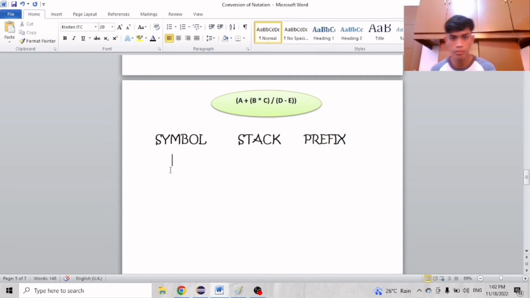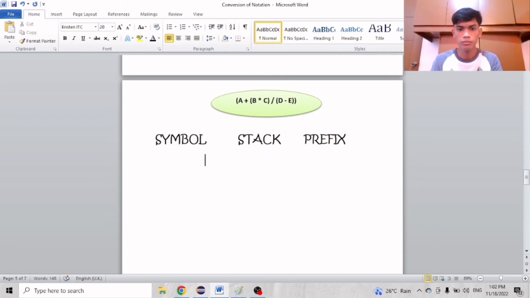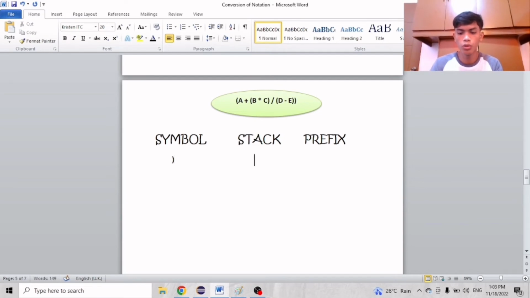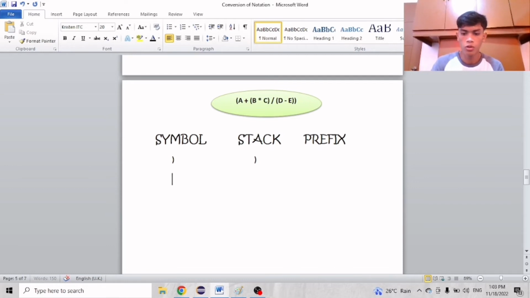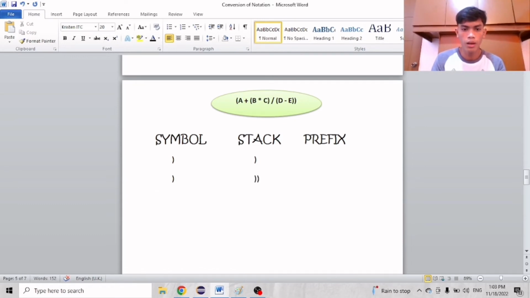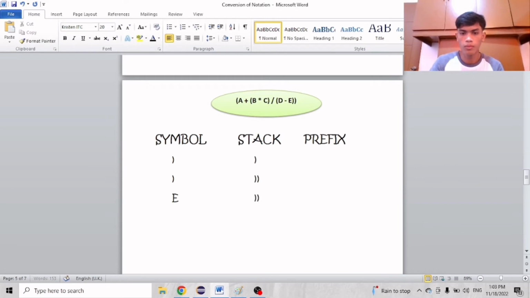Now let's start. So first, we're going to close bracket. Then put it here. Then it's not an operand, so we continue. So another thing. So there are two of them now. And the operand E, we're going to put it here because it is an operand.